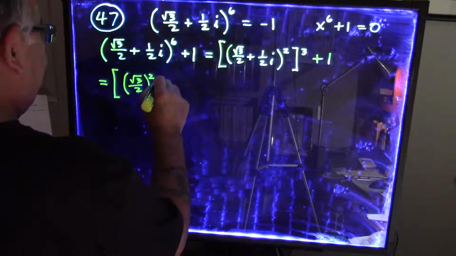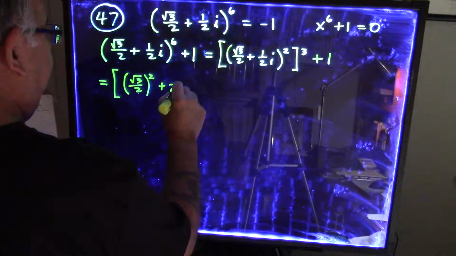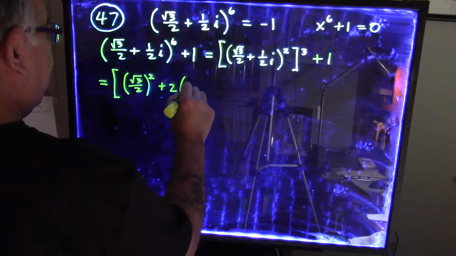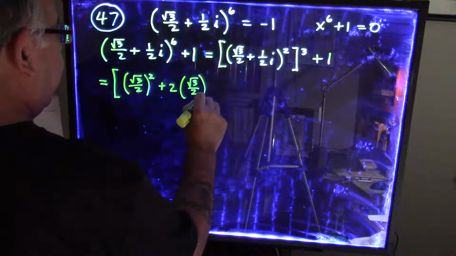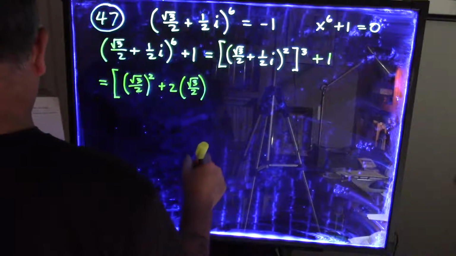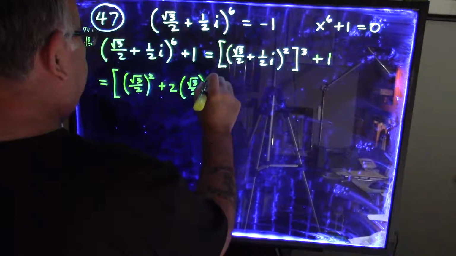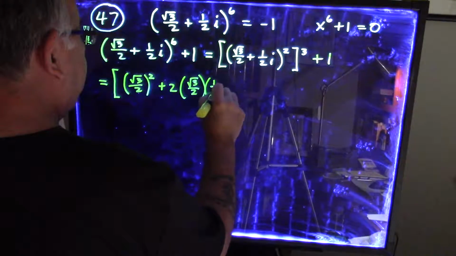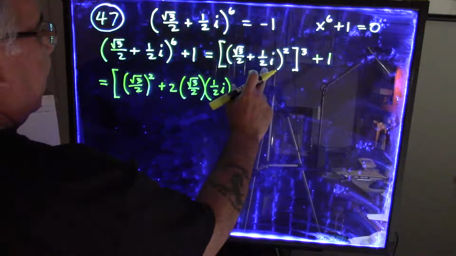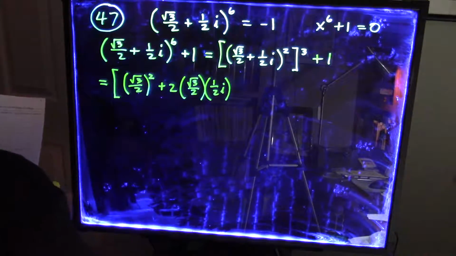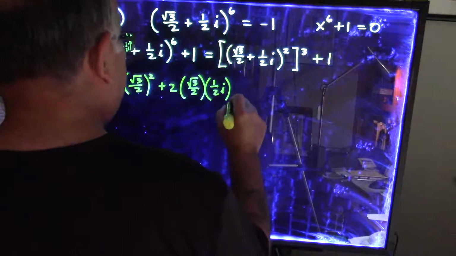Alright, so plus 2. A would be square root of 3 over 2. B would be 1/2 i. Plus b squared. Alright, that's plus 1/2 i squared.